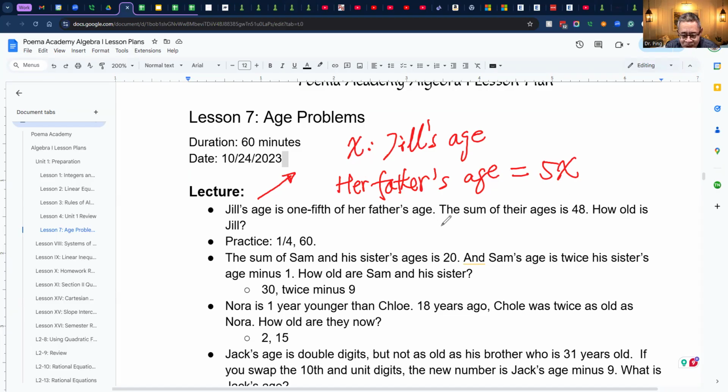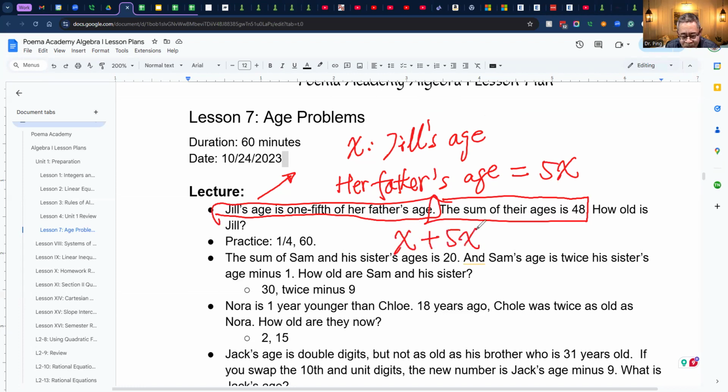So we translate this first sentence to help us set up the variables. And then we're going to translate the second sentence. The sum of their ages is 48. Then we know that x plus 5x is equal to 48. Now this is the equation.